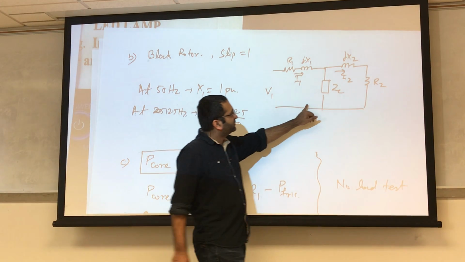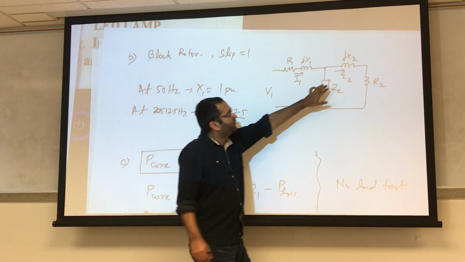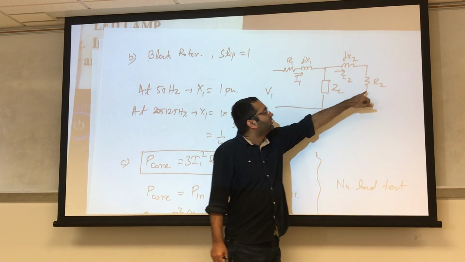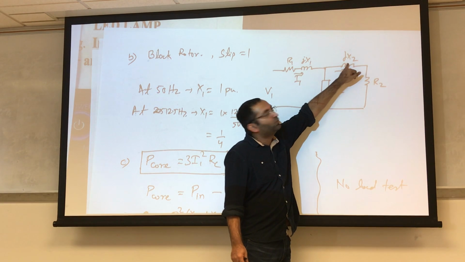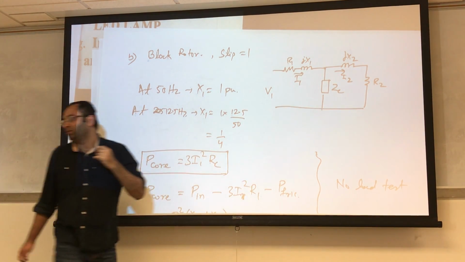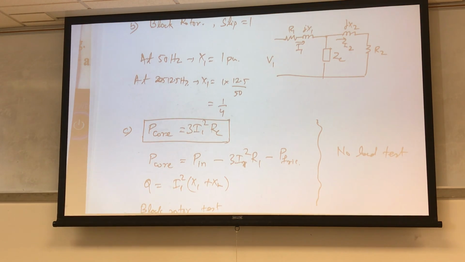From the blocked rotor test, you can find I2 because you know I1 and V1. And once you find I2 and the shaft power, you can easily find R2 and X2 from there. So how do you find X2 or X blocked rotor?